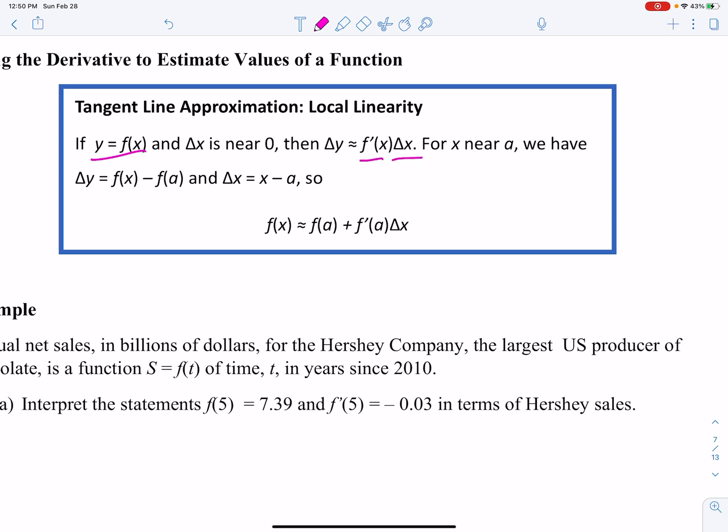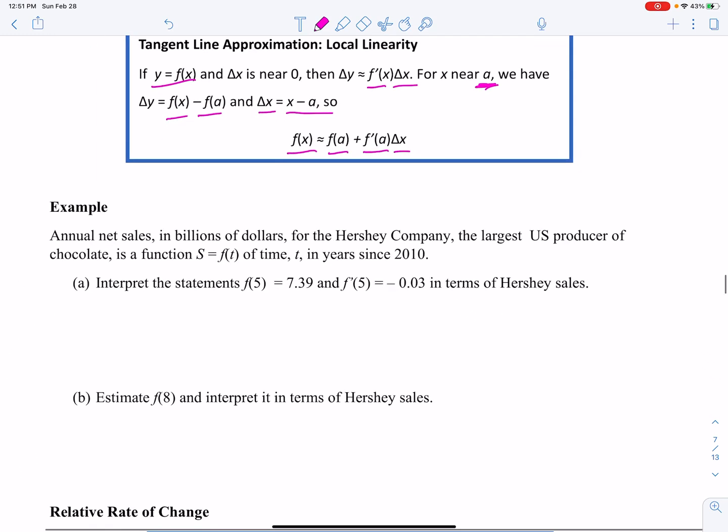For x near a, delta y equals f of x minus f of a, and delta x equals x minus a. This is just a manipulation of the derivative slash slope formula. So f of x is approximately f of a plus the derivative at a times the change in x. That's important to understand.